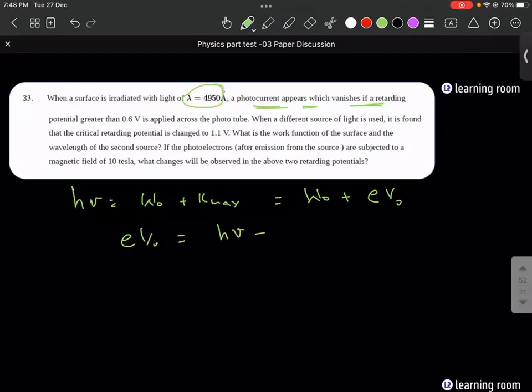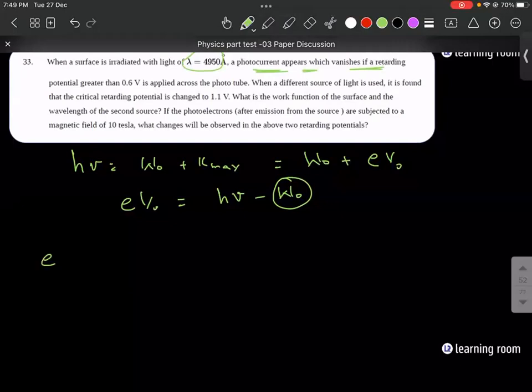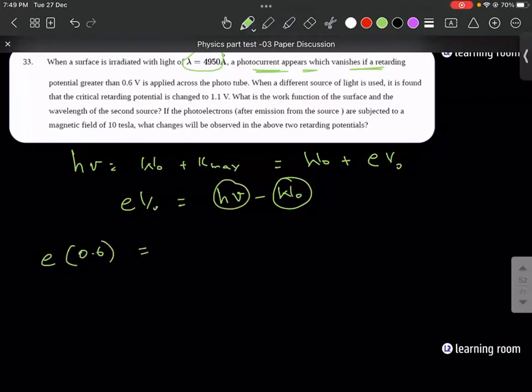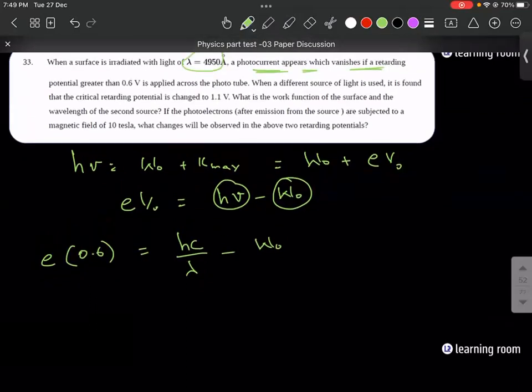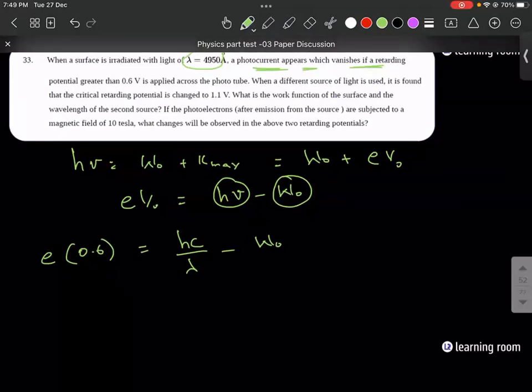So what will e times V naught be equal to? h nu minus W naught. So this is where we have the work function. First equation: e V naught is 0.6, is equal to hc by lambda minus W naught. Can we calculate the work function from this?